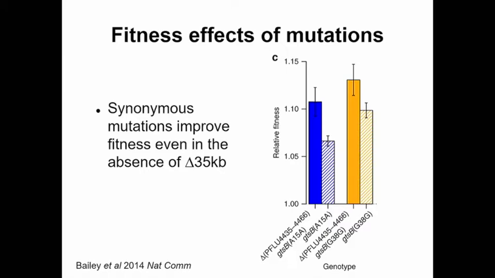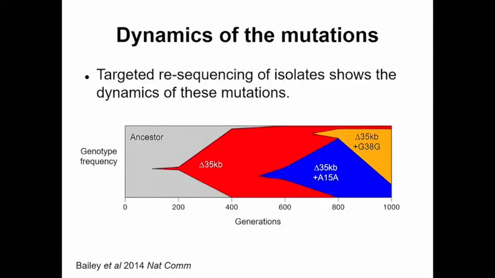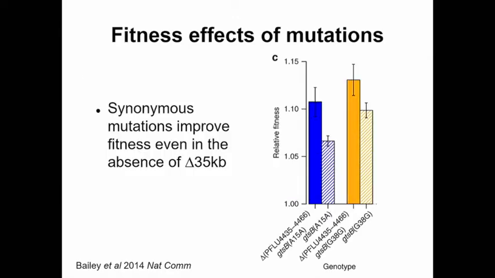The solid colored measurements here are from the combination of that deletion plus one of the synonymous mutations. The blue is one of those synonymous mutations, and the yellow is the other, corresponding to the same blue and yellow on this plot.